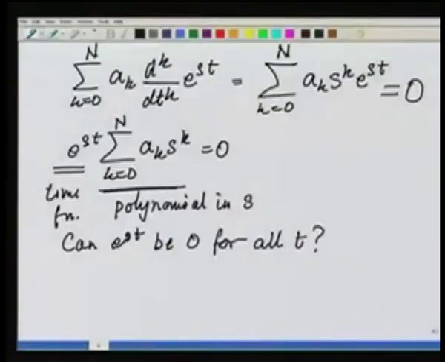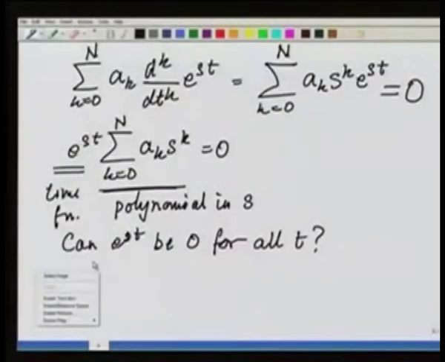For all these cases, we found one very common and very steady fact about the general exponential, that e to the st is not just not 0 at all time, it is not even 0 at a single point of time on the time axis.